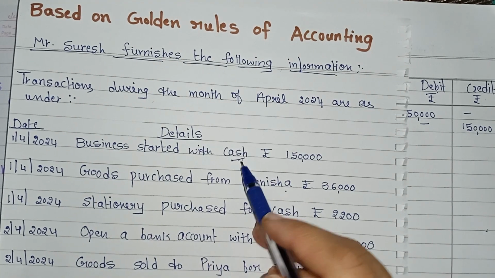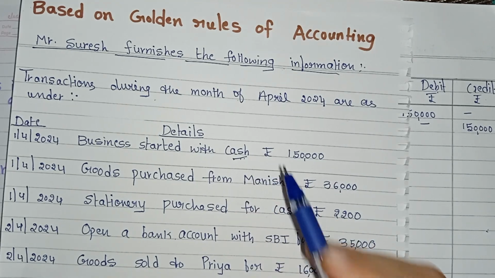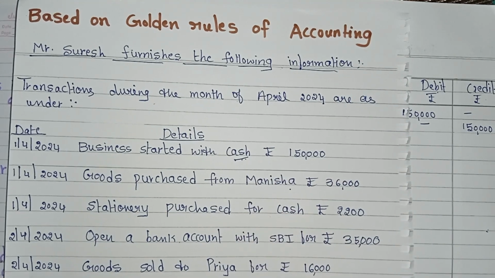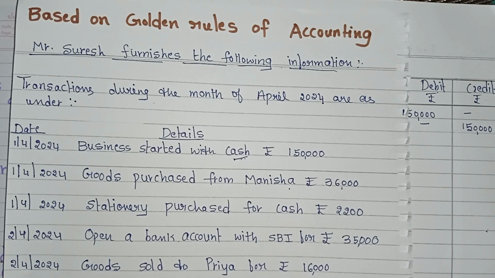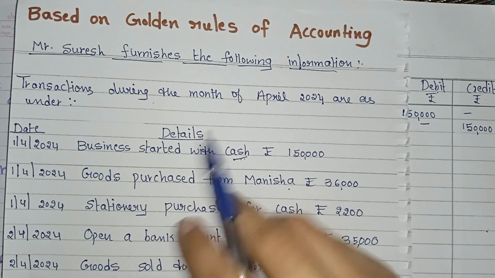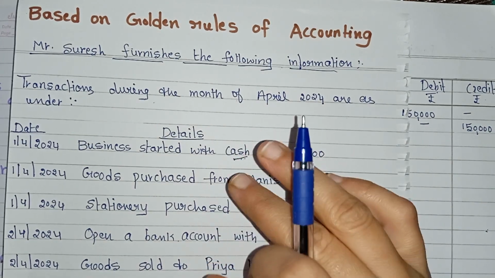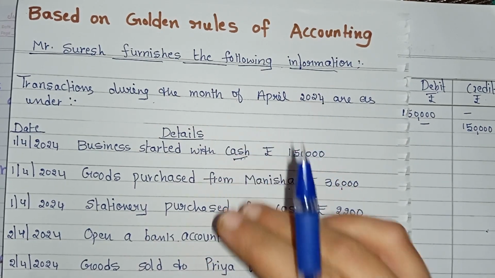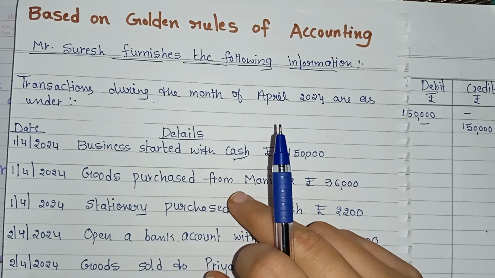And the second account is capital account. Is it classified as personal, real or nominal account? The capital account is classified as a personal account. Why? Because it represents the owner's financial stake in the business.